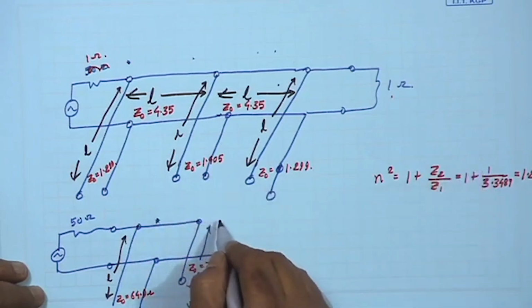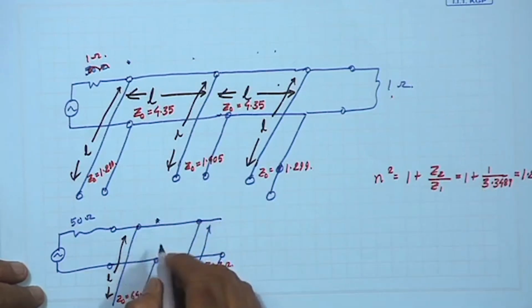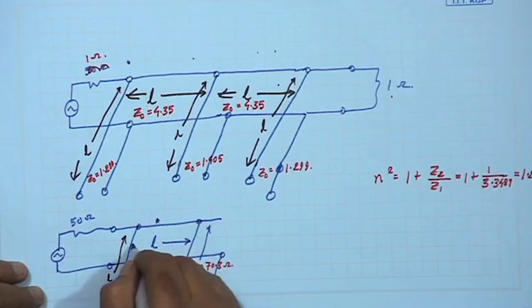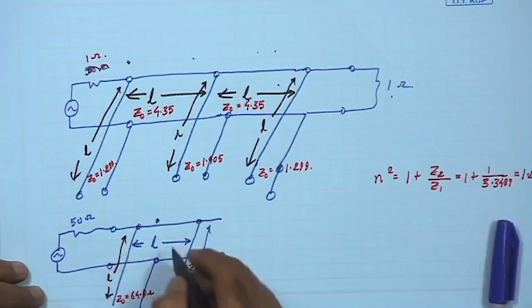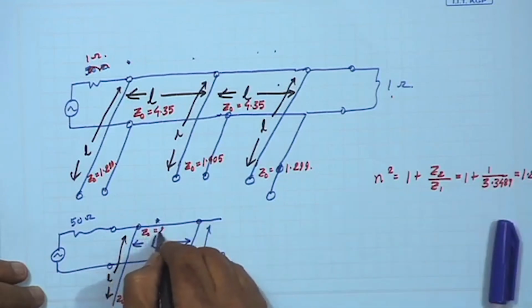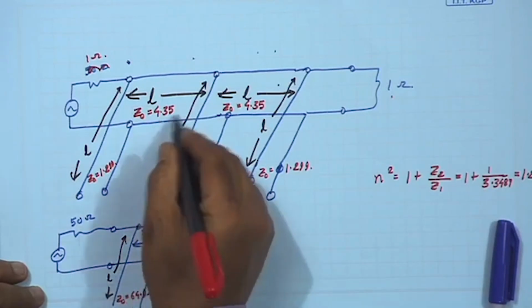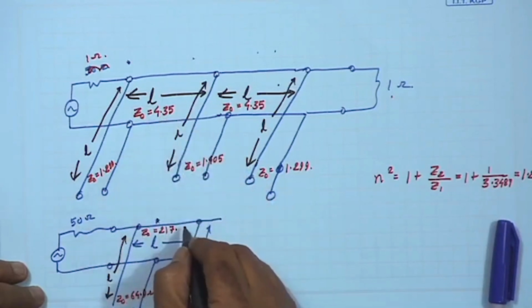Then you go another, here there was one L, and this L has a Z naught of 4.35 into 50, so 217.5 ohm.